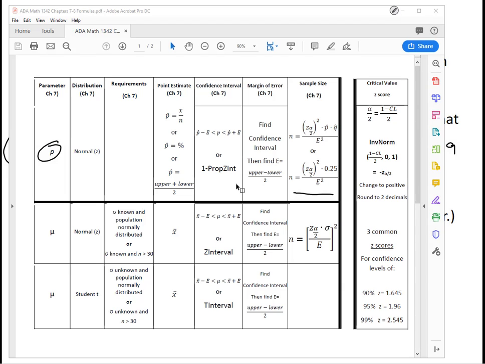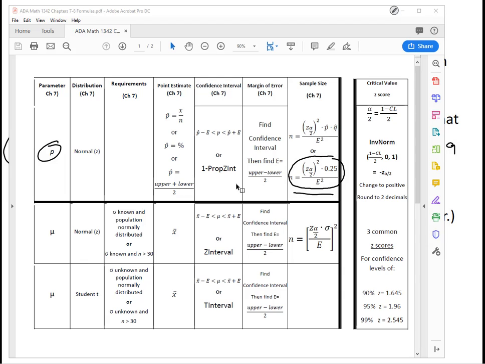Part A says to assume that nothing is known about the percentage of adults who have heard of the brand. This means that P hat is unknown. So for the first problem, I am going to use the second formula, where I substitute 0.25 in for the factor of P hat times Q hat, since I don't have a P hat.